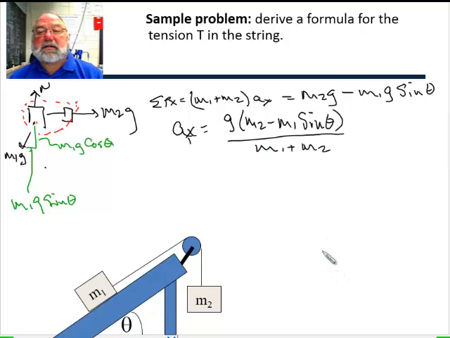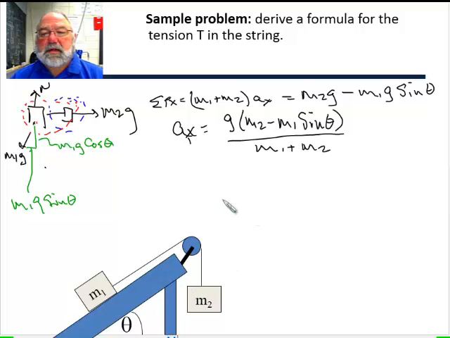Okay, now that I have my acceleration, I can use that to find the tension in the cable. I'm just going to look at one of the boxes, which will be enough to find the tension. So my system now is going to be box 2.